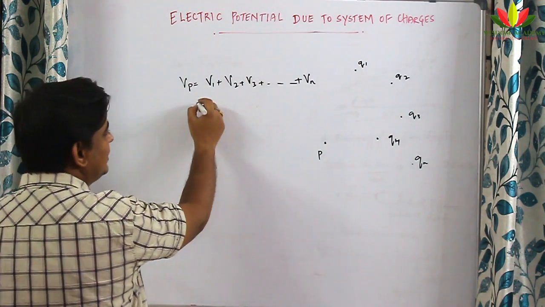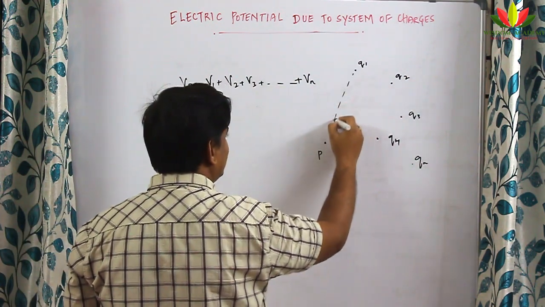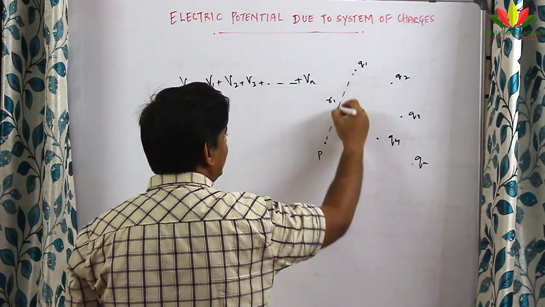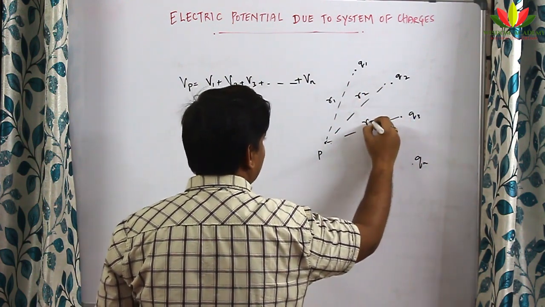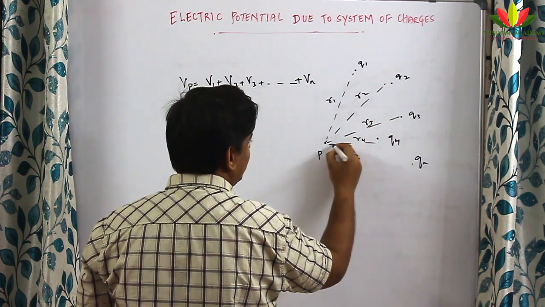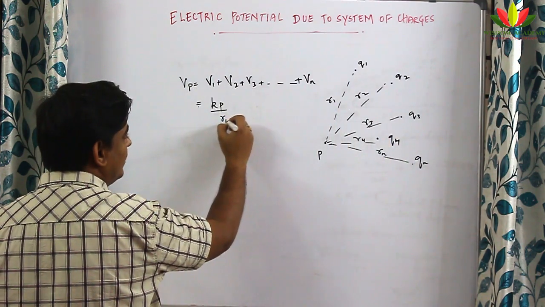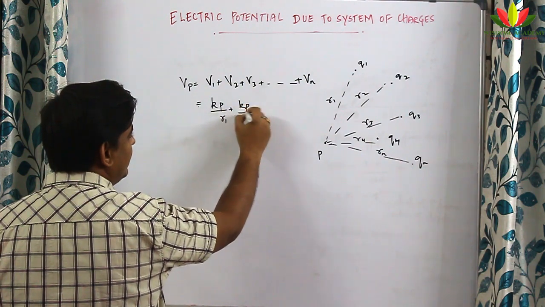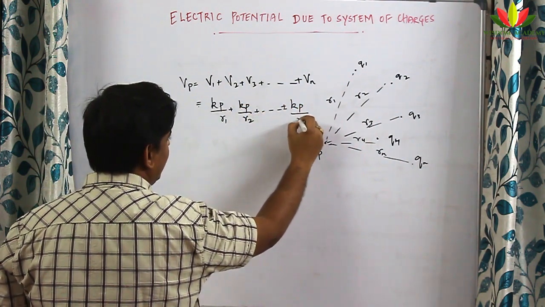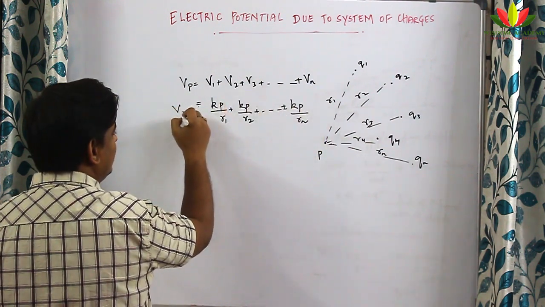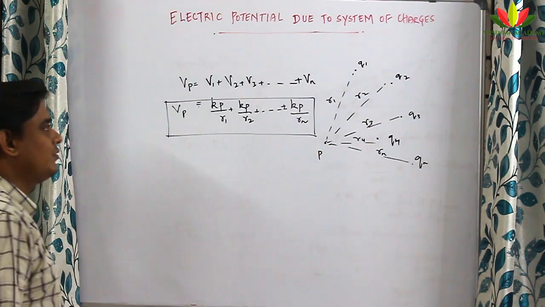And we know the value of V1 will be equal to K into P by, let the distance between P and Q1 be R1, let this distance be R2, let this distance be R3, R4, Rn. So, Kp by R1 plus Kp by R2 plus Kp by Rn. So, this is the value of electric potential due to system of charges.